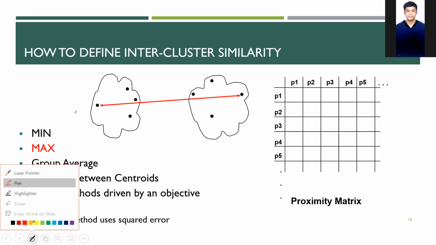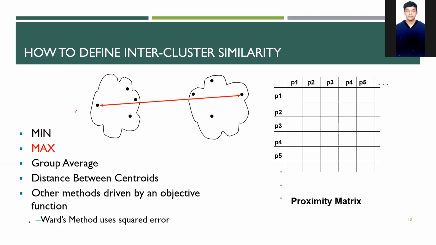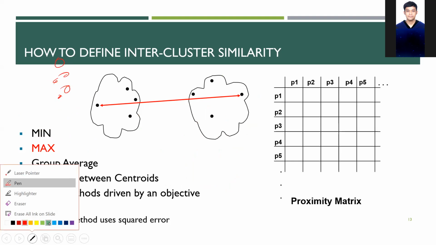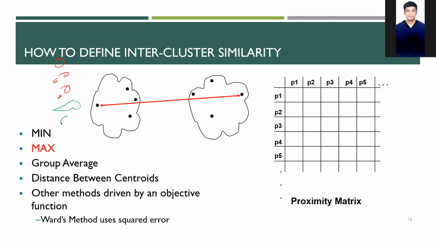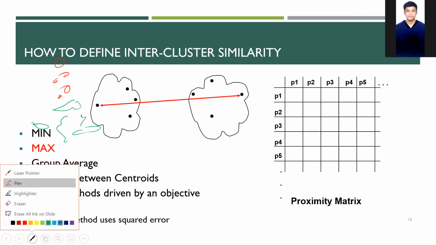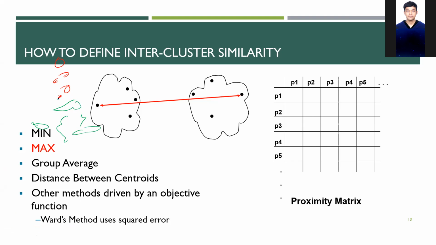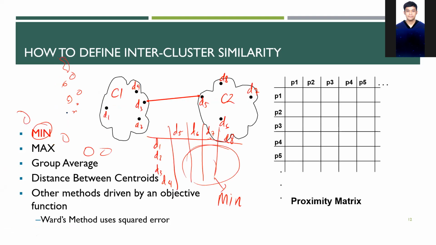This is the Philippines, with so many islands here, and Indonesia is above the Philippines, with a bigger island and so many islands here. So the distance between the Philippines and Indonesia is defined by the smallest distance, this one, the closest distance. This is for min, using the smallest distance.